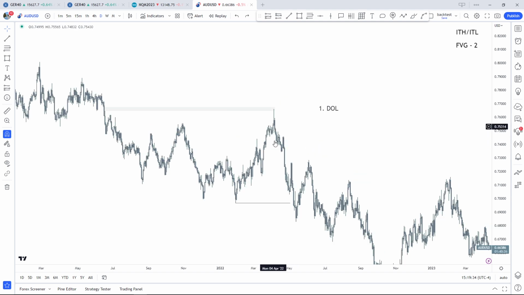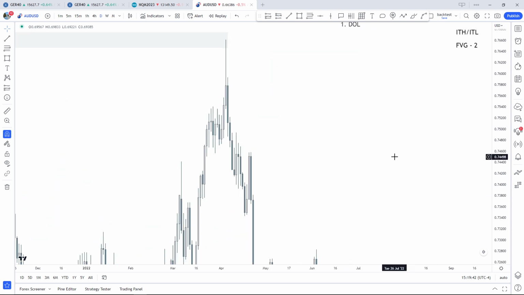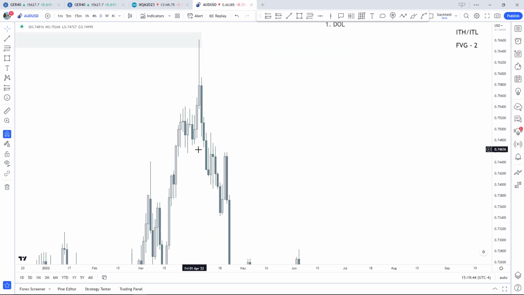Now let's study our draw on liquidity and how we deliver there. If we zoom in right here, we see our first market structure shift right here. Then we come back lower, we have this small fair value gap right here. We rebalance it right here and then push lower again. What does this make? An intermediate term high.